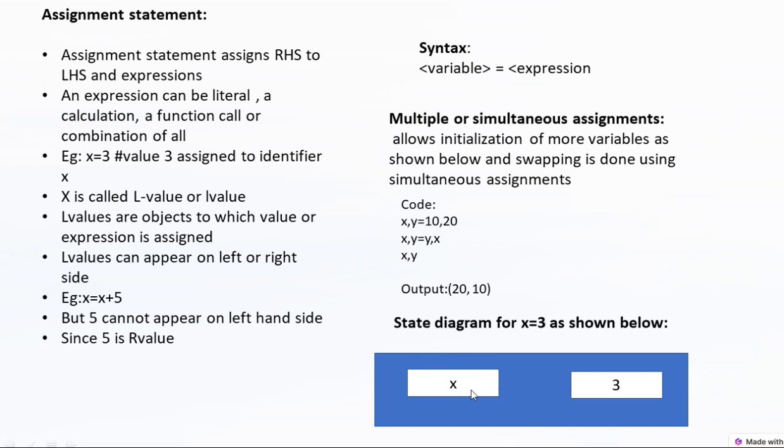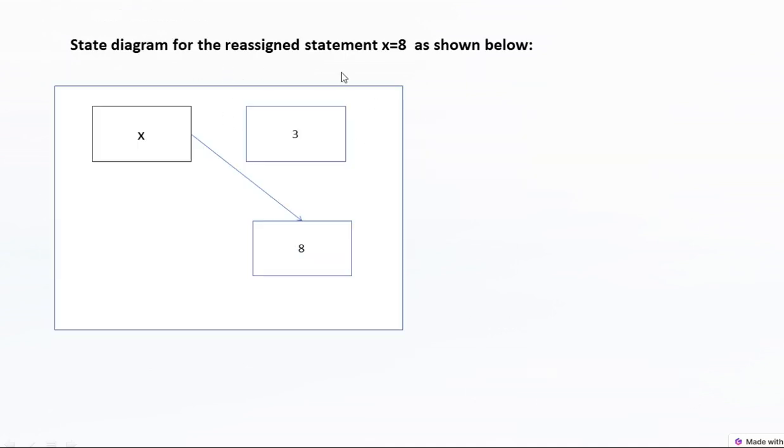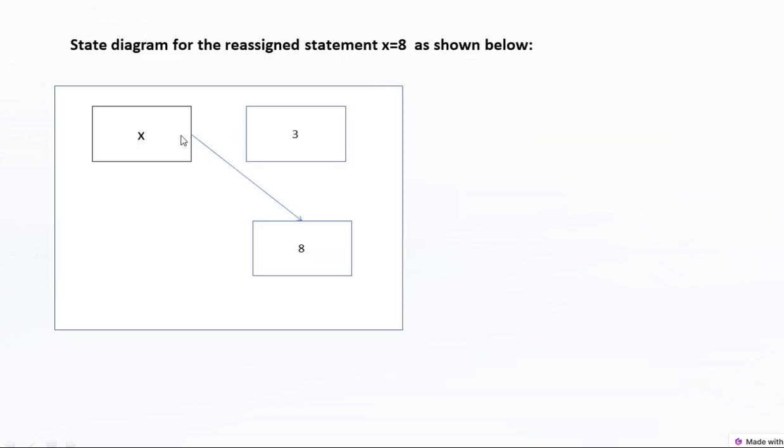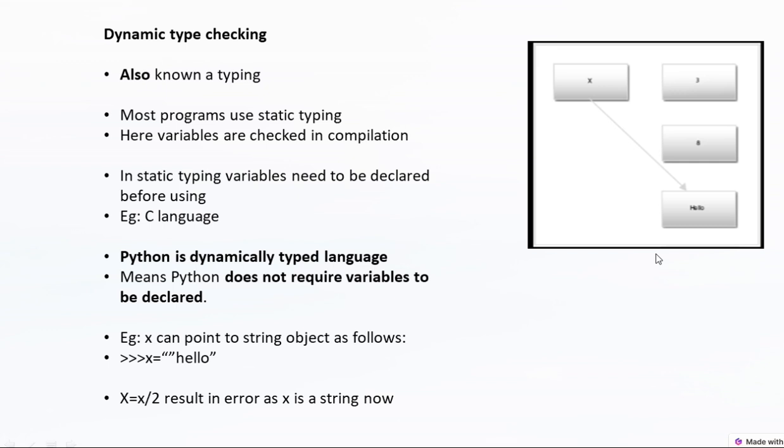It will be allocated a place in the memory location, and that memory location is fixed. Now if I do reassignment, initially I said x is equal to 3. Now when I say x is equal to 8, initially x was containing 3 and now it will point to 8. It will have a different value. So there are 3 states here now, x, 3 and 8. Now x is pointing to 8. This we call a state diagram.